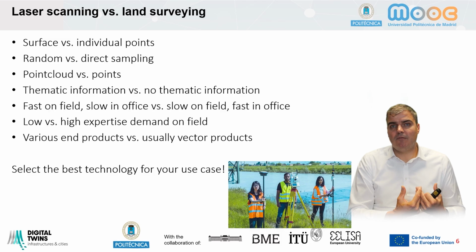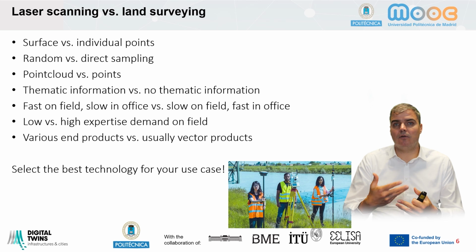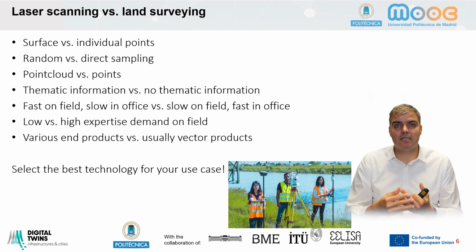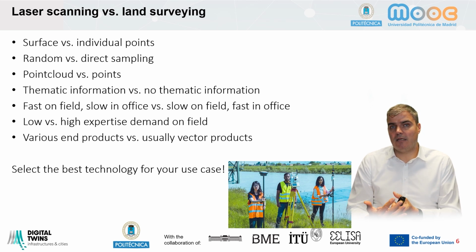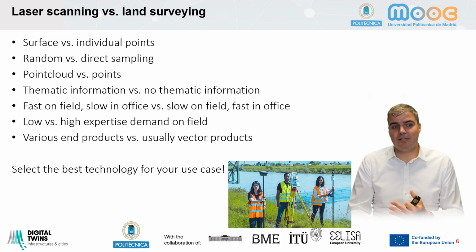We have thematic information in laser scanning because we are also capturing images, so we can color the points, or we have at least the intensity values of the points, while in land surveying we have no thematic information. Laser scanning is very fast in the field, very slow in the office. On the other hand, land surveying is very slow in the field but very fast in the office.